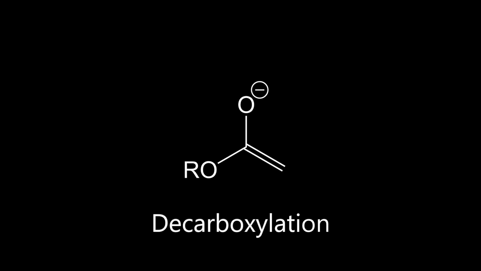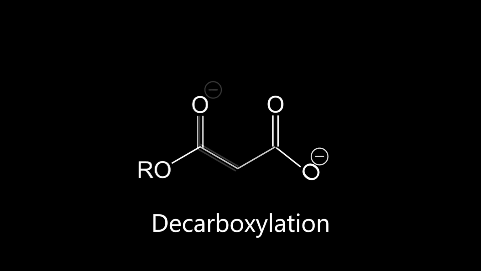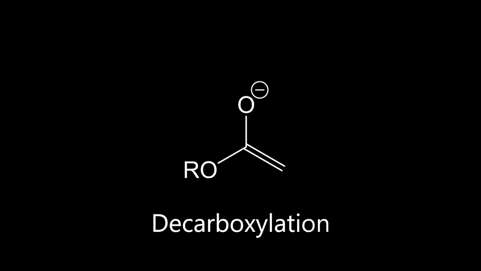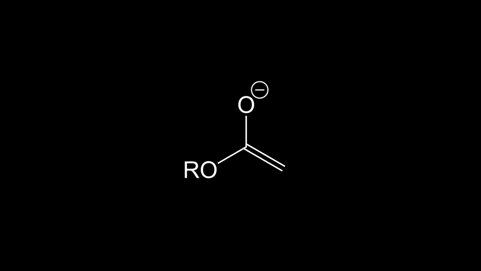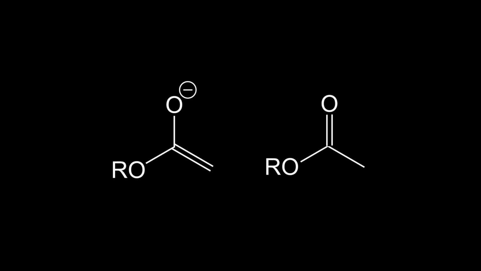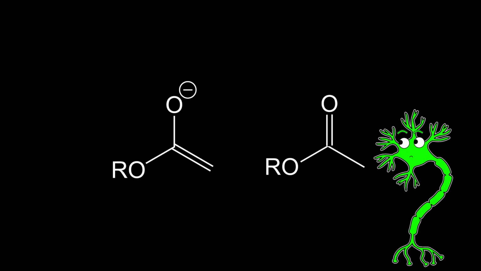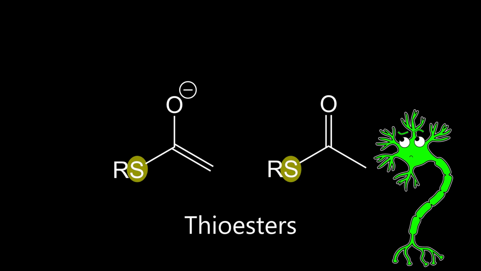Both ways create the same molecule, but nature prefers decarboxylation because the release of CO2 drives the reaction forward. So even though the goal is to add 2 carbon molecules together, nature needs to start with 3 carbon molecules in order to create the 2 carbon enolate in the first place. Secondly, instead of using regular esters with an oxygen, nature actually uses esters with a sulfur called thioesters.